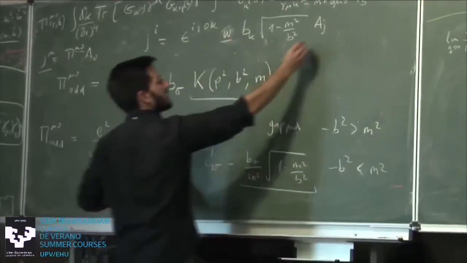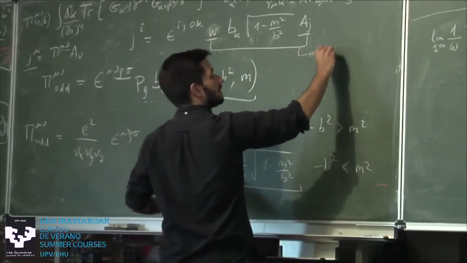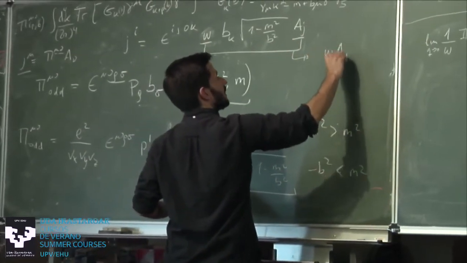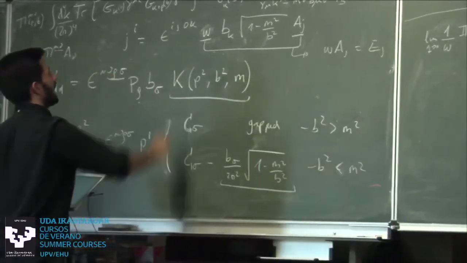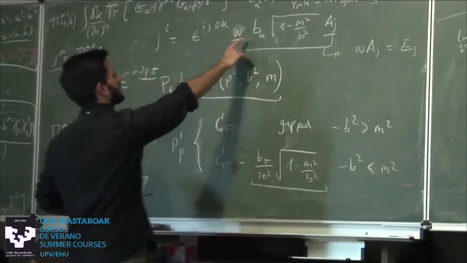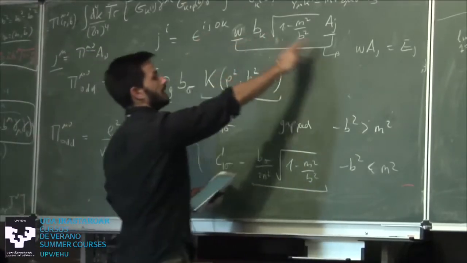Now this and this I can write as the electric field, because in some gauge, right? And this just is taking a vector product of B and the electric field.